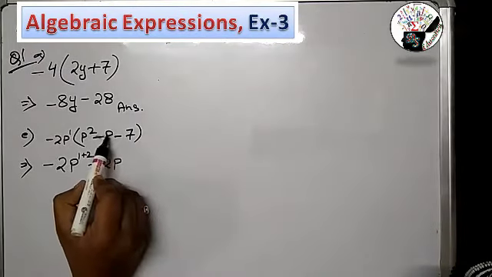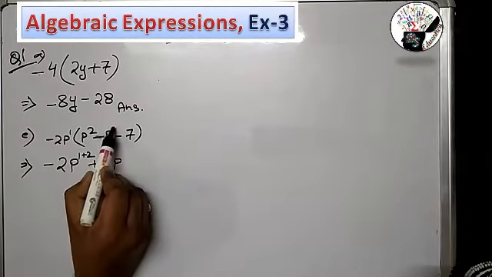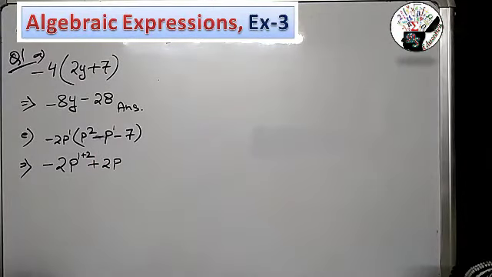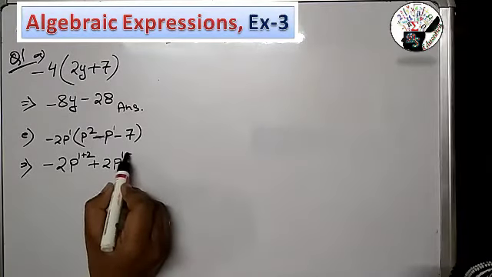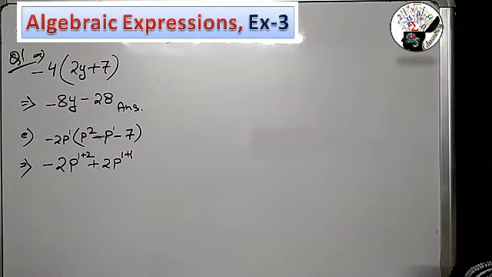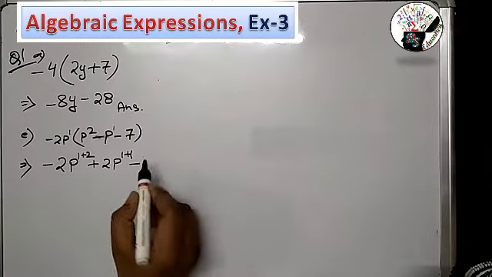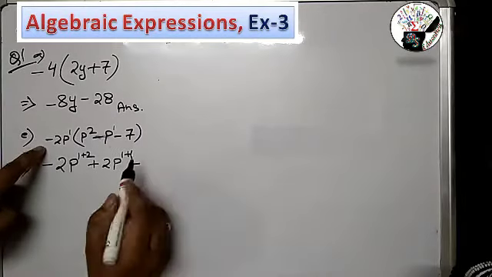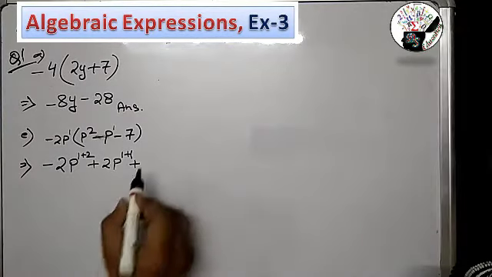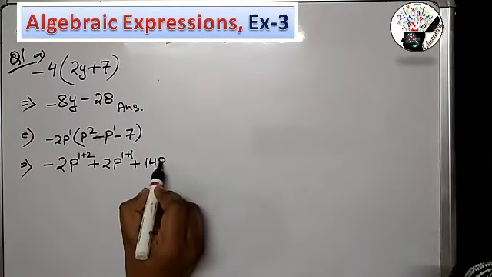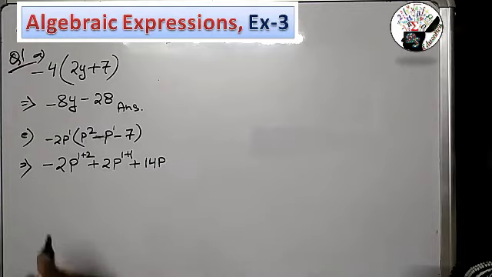Here also there is no power over here, so we take it as 1, because when there is no power we assume it as 1. So 1 plus 1. In the chapter power and exponent, we have studied that if the bases are same, then the powers are added. Now this is minus and minus, it will become plus, 7 twos are 14 and p as it is.